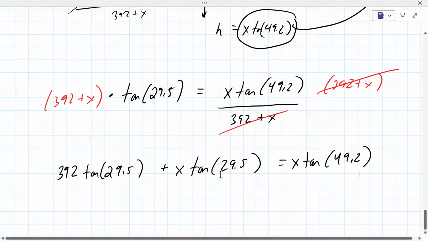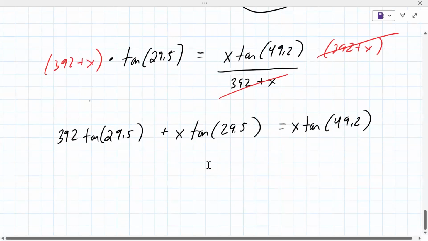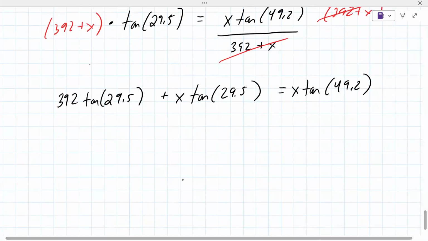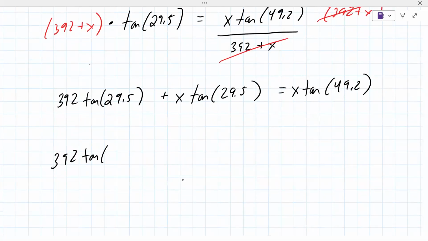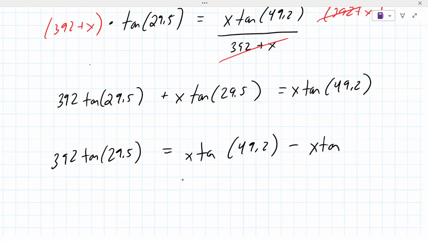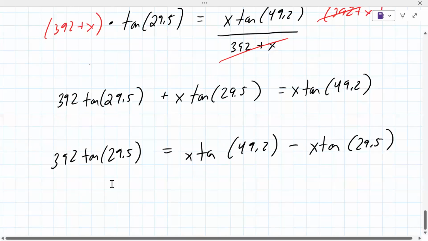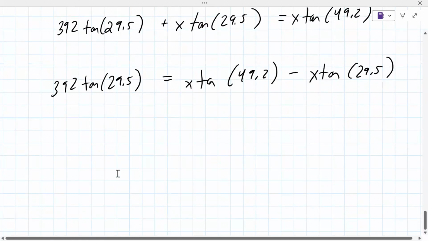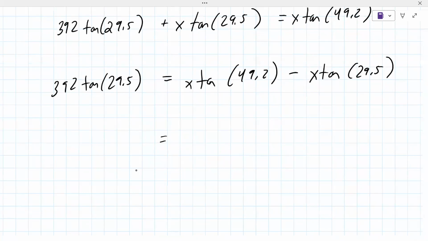So we're almost there. You got to get the x's on the same side, so you just do x tan 49.2 minus x tan 29.5. It'd be 222 equals x tan 49.2 minus x tan 29.5.